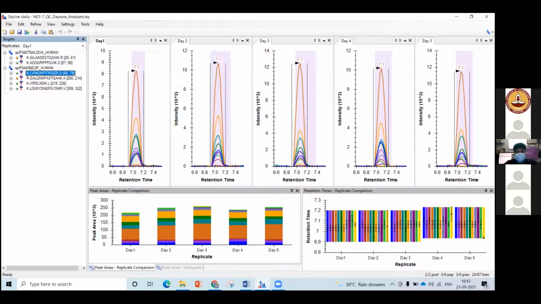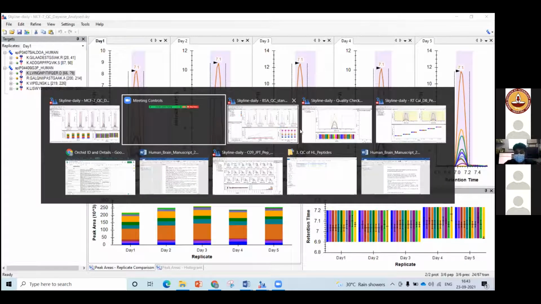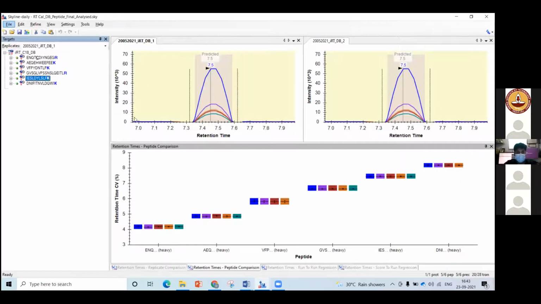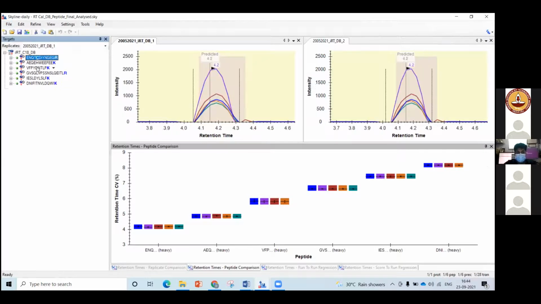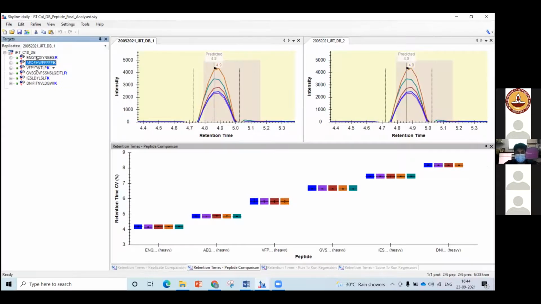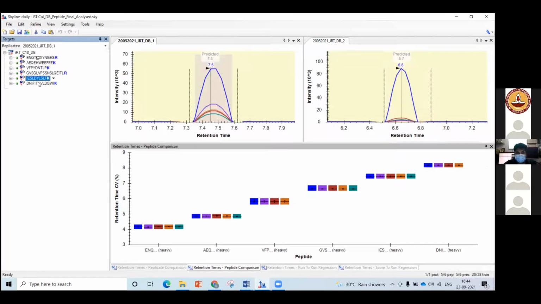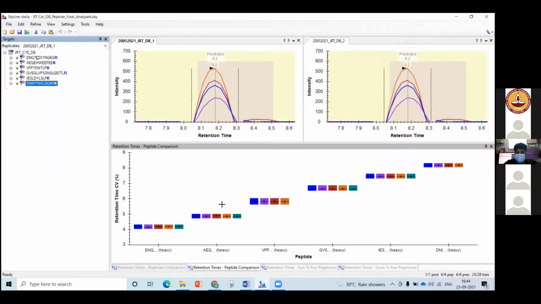So after getting this information, in terms of the quantification and also the day-to-day variation, our instrument is working fine. The next part is getting the LOD and also the calibration of the retention time. This is a very important thing, and this is a particular list of heavy labeled peptides that we have used in our lab to make a calibration retention time graph.